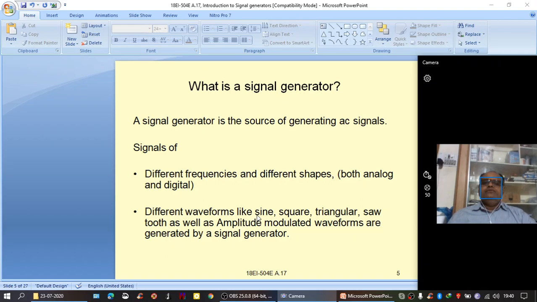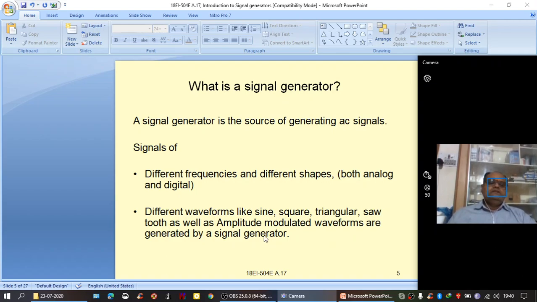Different waveforms like sinusoidal, square wave, triangular, sawtooth, as well as amplitude modulated waveforms can be generated by a signal generator.